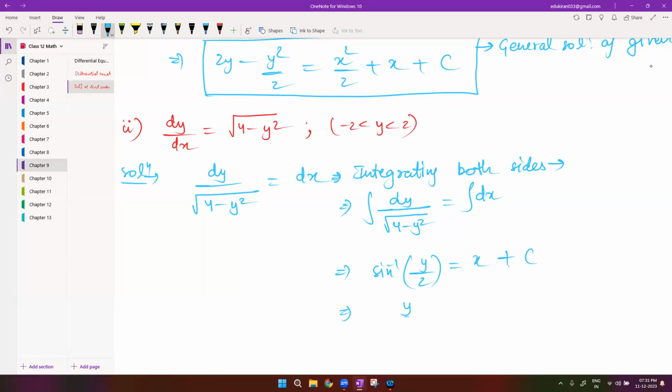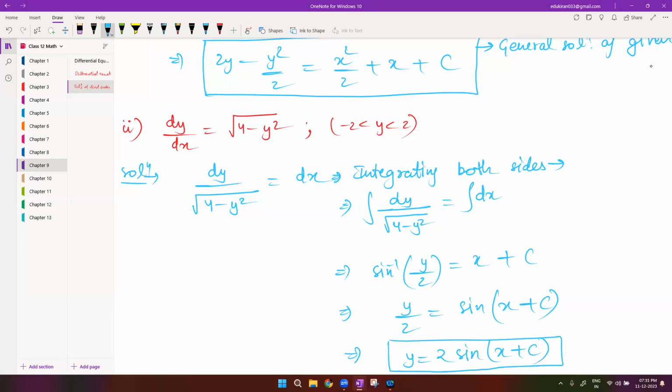So you can write this as y by 2 is equal to sine of, if I take sine to the right hand side, this becomes sine of x plus c. Hence your y can be written as twice of sine of x plus c. This is your final answer.